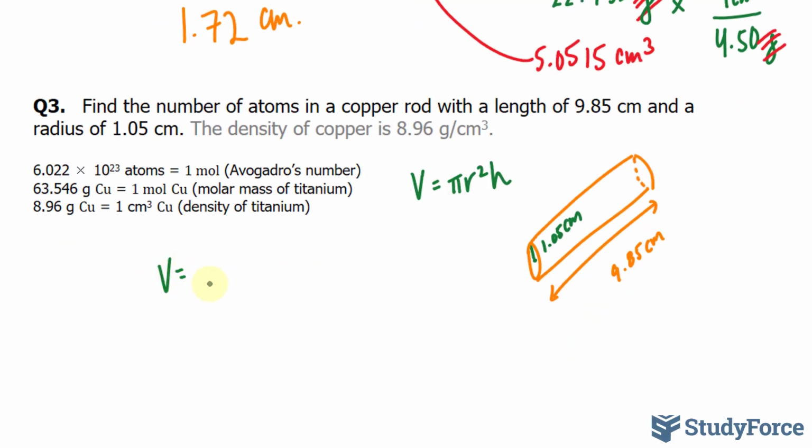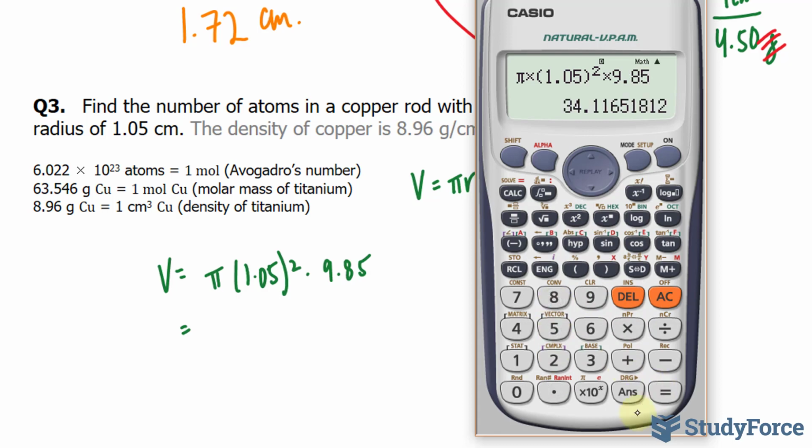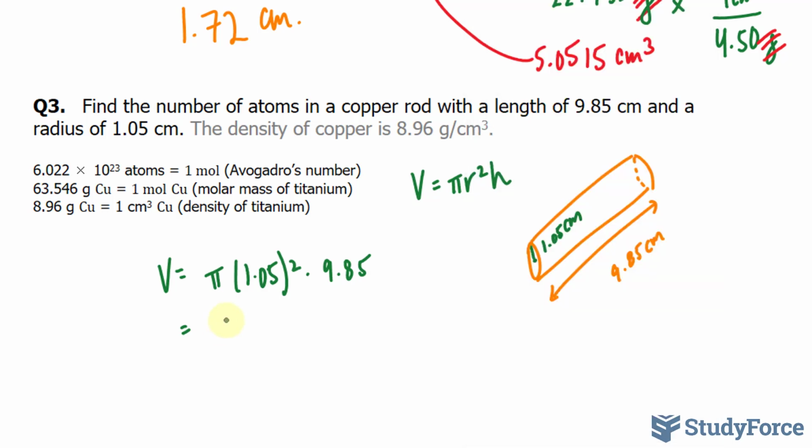Volume is equal to pi, that's a given number. Our radius is 1.05 to the power of 2 times our height of 9.85. Pi times bracket 1.05 to the power of 2 times 9.85. This gives me 34.1165.